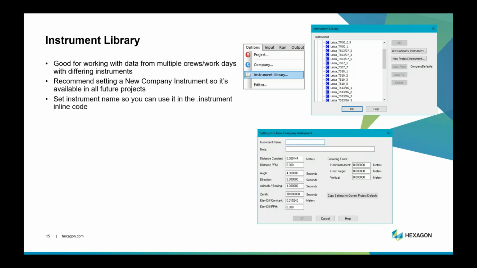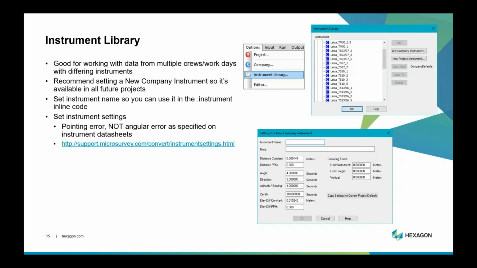And it's very similar to the instrument settings in your project options, but you set an instrument name in this case so that you can use it in inline code later. You set your instrument settings, and remember these are pointing errors, not angular errors that you would see on instrument data sheets.